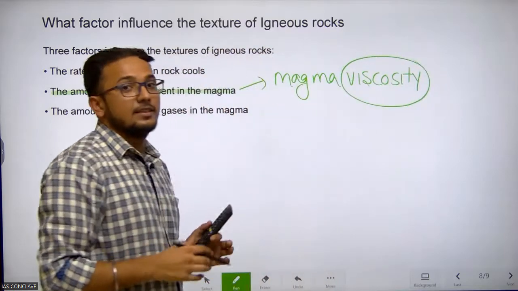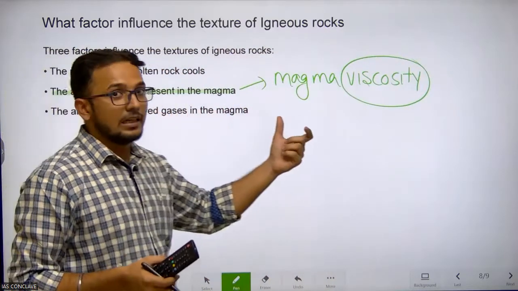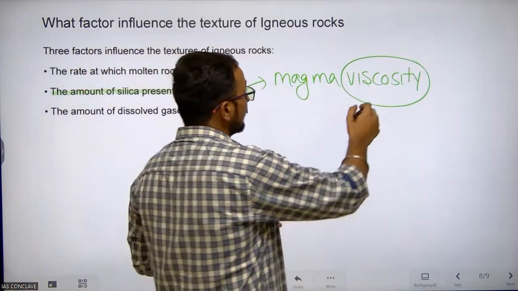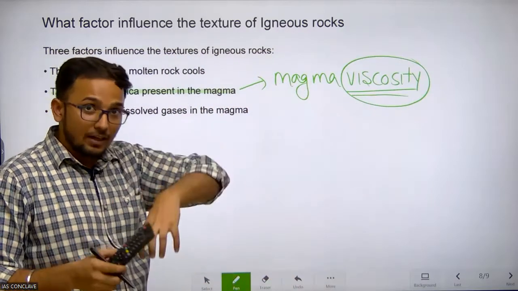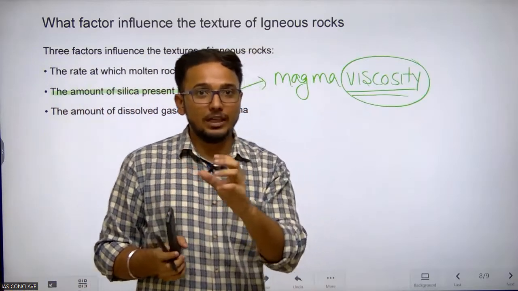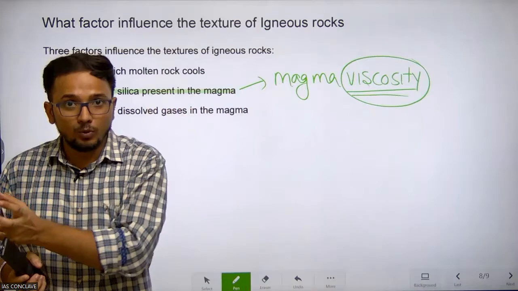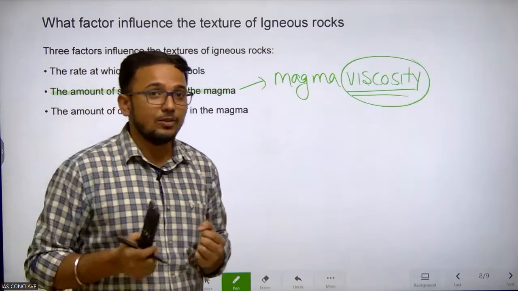Viscosity is the resistance to flow. If magma has a high content of silica, that means it is very viscous. If it is very viscous, it will determine the nature of the magma eruption, whether it will be volatile or smooth. According to that, the textures of the rocks will be defined.